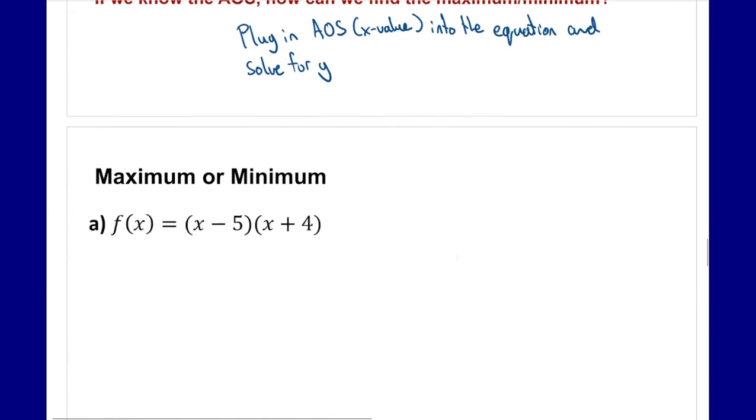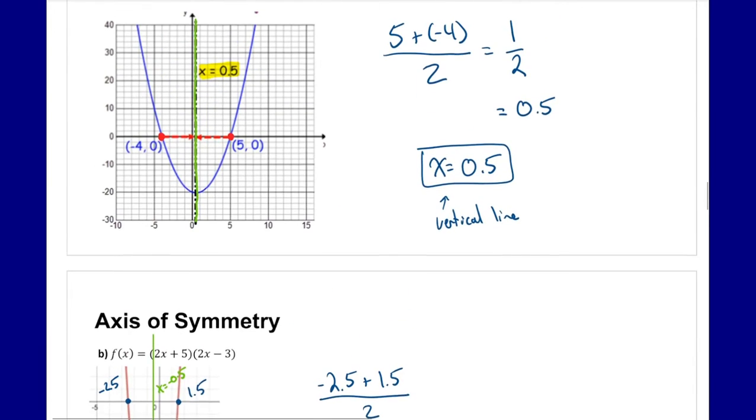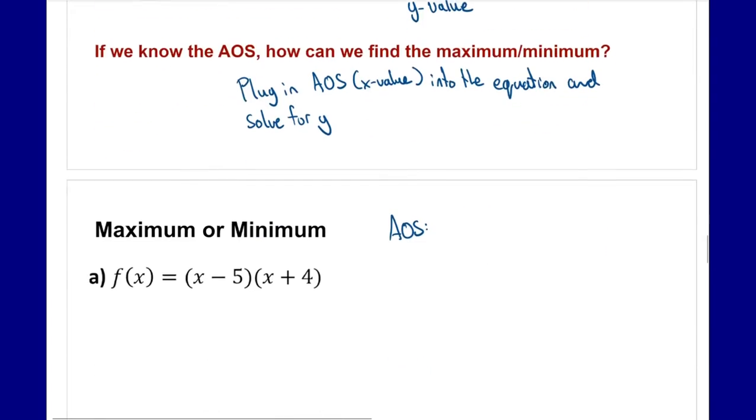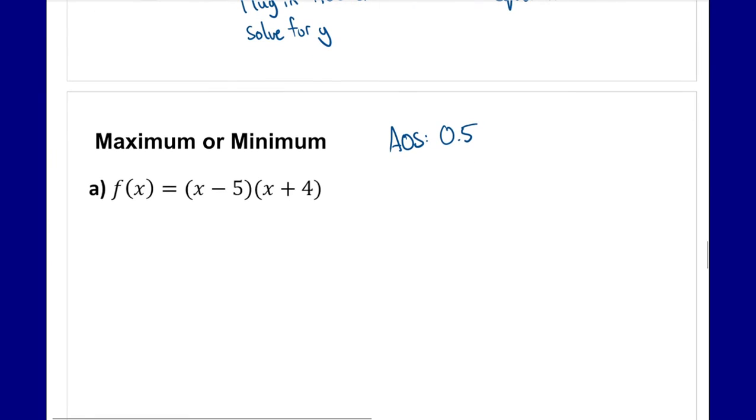So for the first one, our axis of symmetry, I actually forget it, so let's scroll back up. Our axis of symmetry is 0.5. So I'm going to take that value and plug it into our equation, or we're going to try to find the value of the function when x is 0.5. So 0.5 minus 5 times 0.5 plus 4.